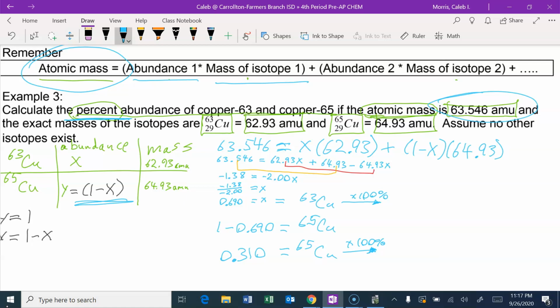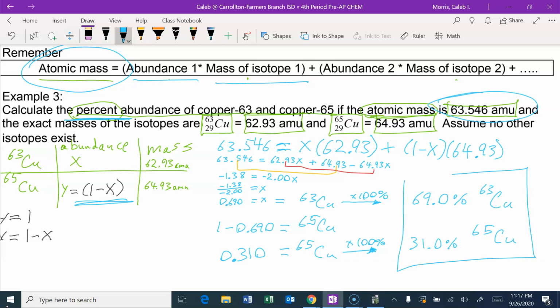So we end up with 69.0% copper 63 and 31.0% copper 65. And that's the answer that we were looking for in this problem.